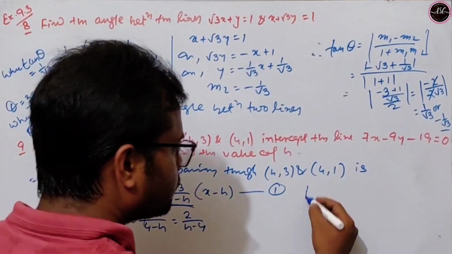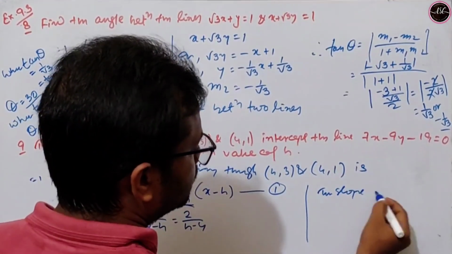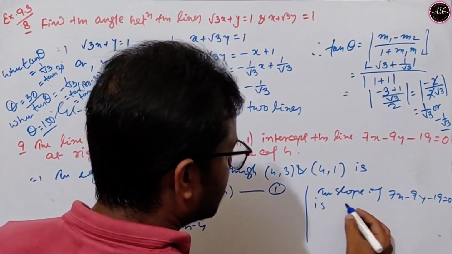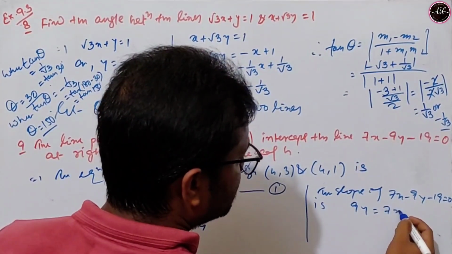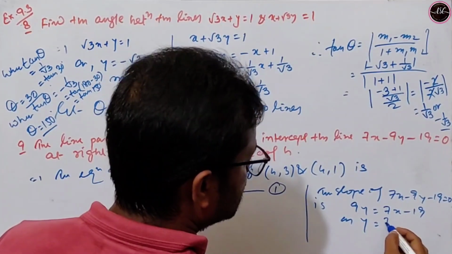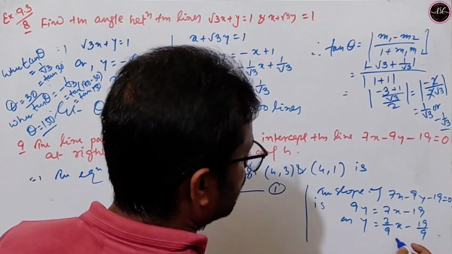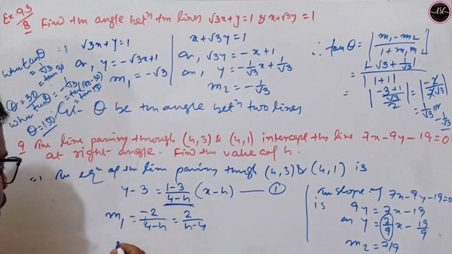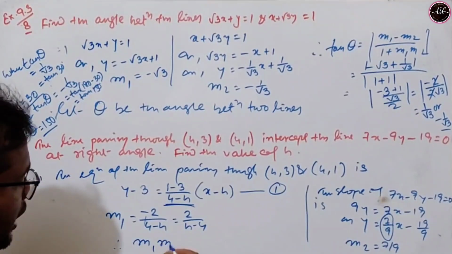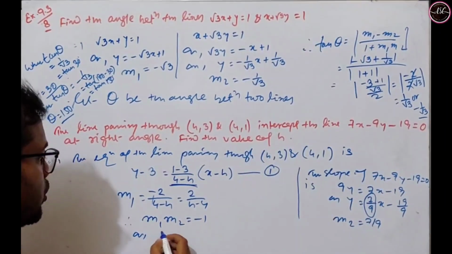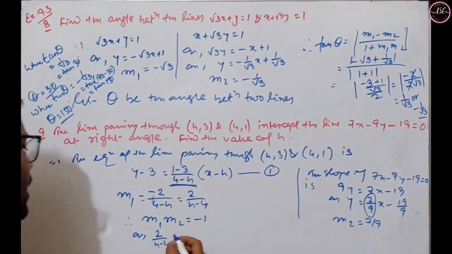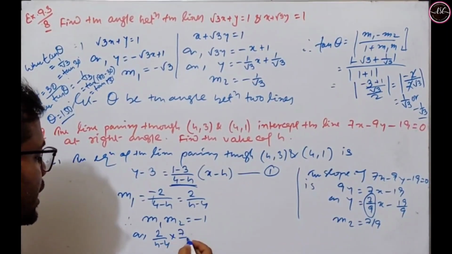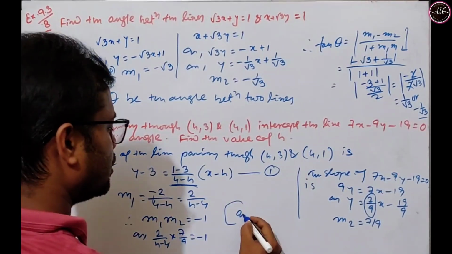So the slope of 7x minus 9y minus 19 equal to 0: this can be written as 9y equals 7x minus 19, or y equals 7 by 9 into x minus 19 by 9. So the slope is 7 by 9, so m2 equals 7 by 9. As these two lines are perpendicular, therefore m1 into m2 equals minus 1, so 2 by (h minus 4) into 7 by 9 equals minus 1.